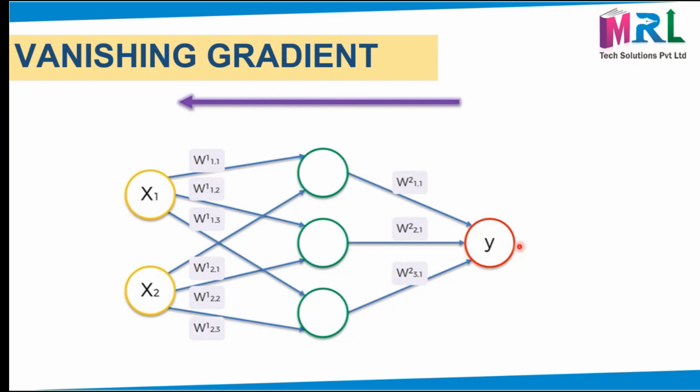If there is some error, that error will be back propagated into the neural network. The neural network will adjust the weight based on the feedback, and then the error is reduced based on the adjustment of the weight. So that is the normal function that we have in the neural network.